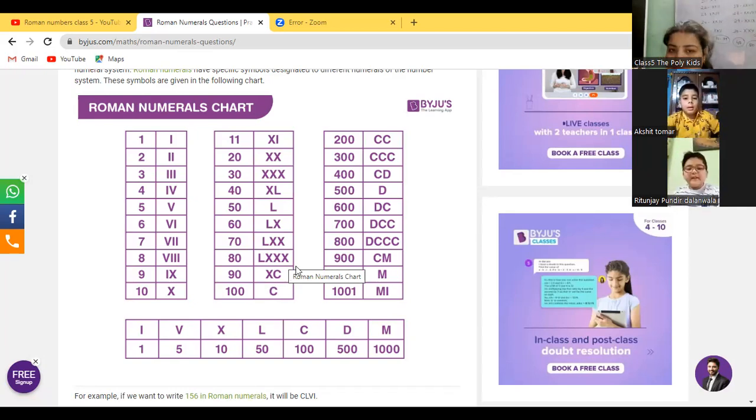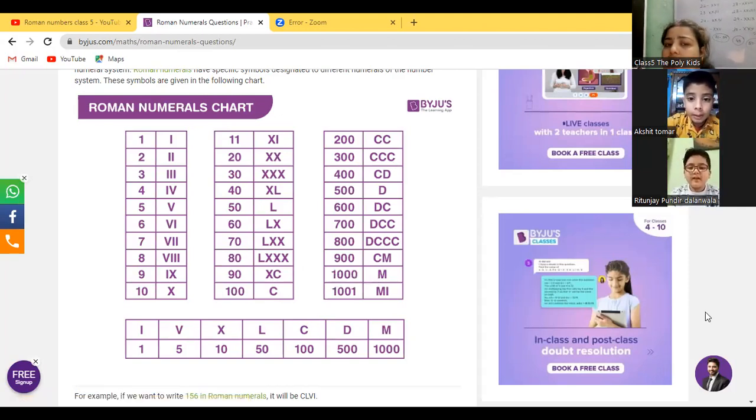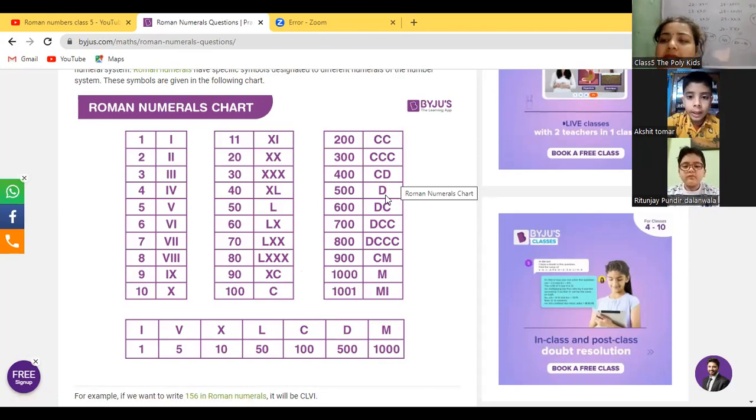Clear? 100 means C. Now 200 is CC. 300 is CCC. And 400 is CD. Why? Because 500 is D. Then it is 500 minus 100: D minus C is CD.